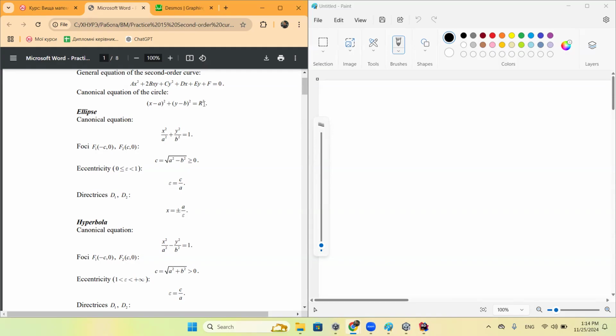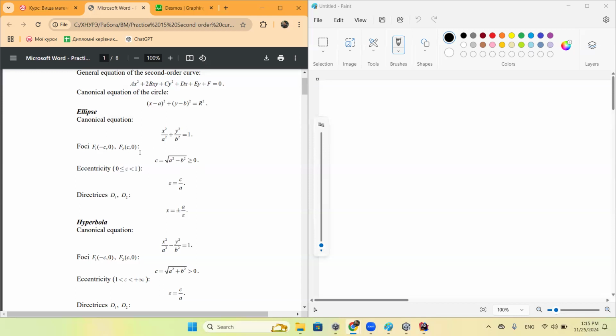You know it from school. Then the canonical equation of the ellipse, where a and b are semi-axes of the ellipse. a is the semi-axis on axis X, b the semi-axis on Y.